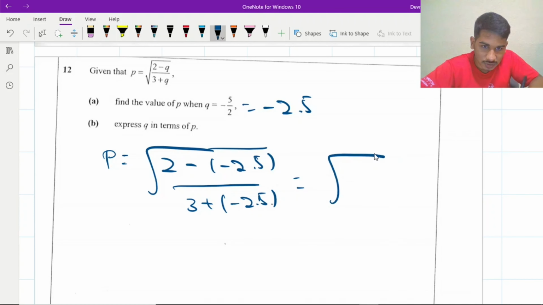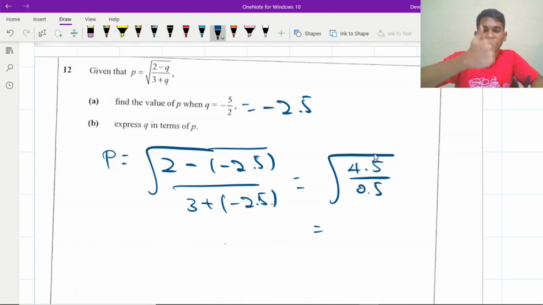So 2.5 plus 2 is going to be 4.5, and then 3 minus 2.5 is 0.5. It's going to be 4.5 divided by half. So it's half, 1, 1.5, 2, 2.5, 3, 3.5, 4, 4.5, so there are 9 parts to it. So it's going to be the square root of 9, so it's 3.